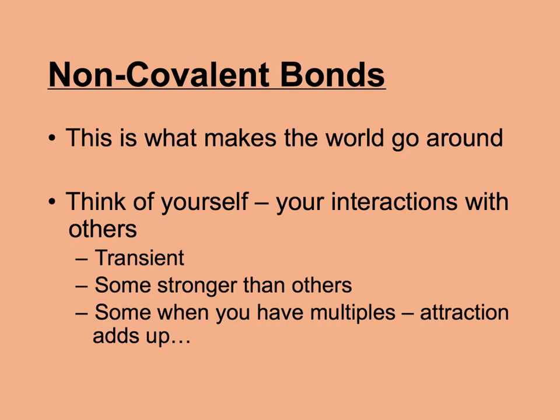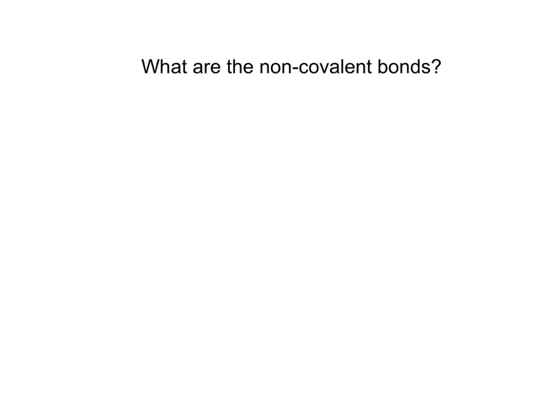And so non-covalent bonds can be transient. What does that mean? They can be on, they can be off, right? They may only be around for a short amount of time. Some are stronger than others, and it's all about how many you have to generate a particular structure. So remember, the non-covalent bonds are ionic.